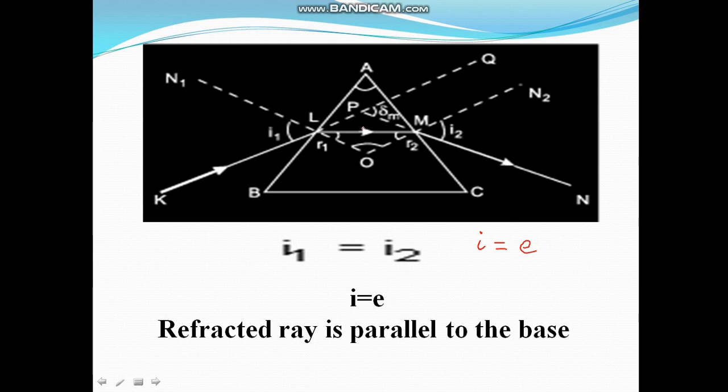This is the refracted ray and it is going to be parallel to the base. So when light enters the glass, it enters in such a way that it travels parallel to the base. And another thing is that at the position of minimum deviation, angle of incidence will be equal to angle of emergence.